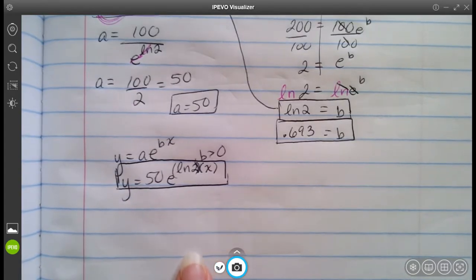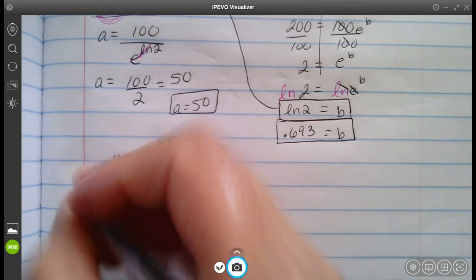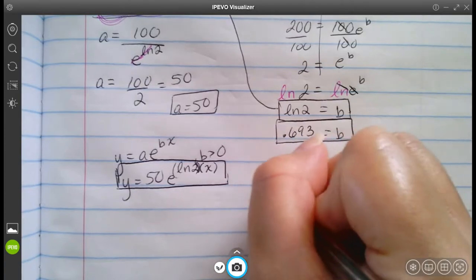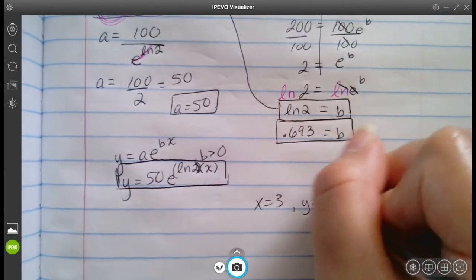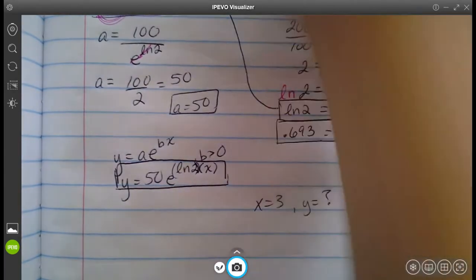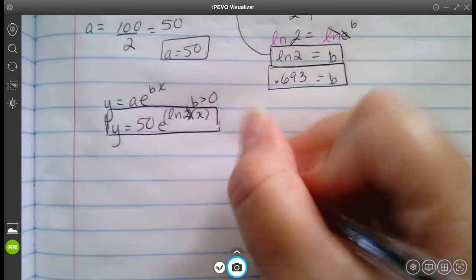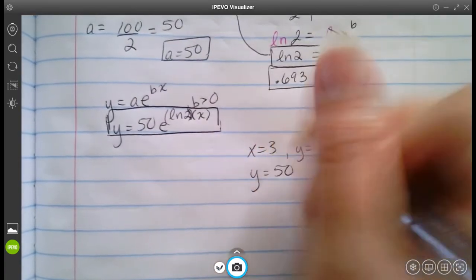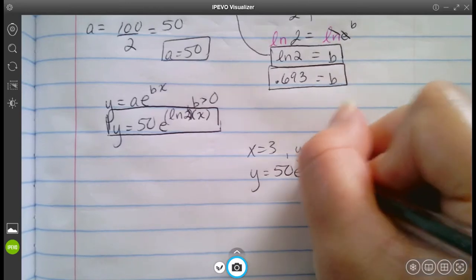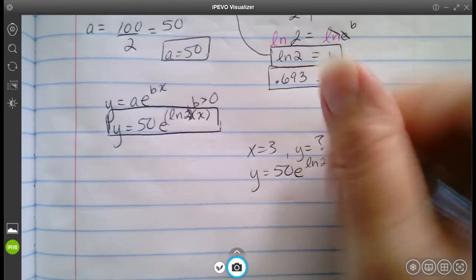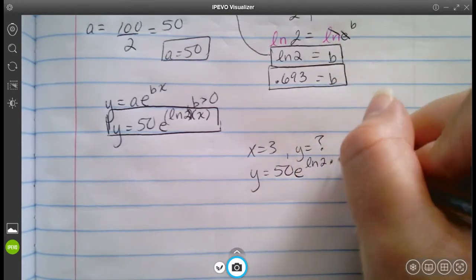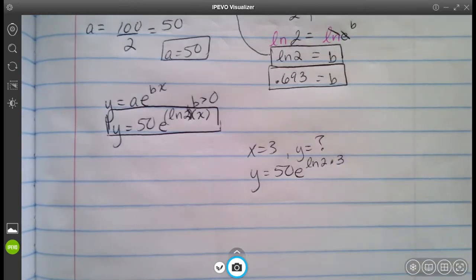So now the question from the very beginning was how many bacteria after 3 hours? So when x equals 3, what is y? That's what it's asking. So let's plug it in. y equals 50 times e to the ln of 2 times 3.